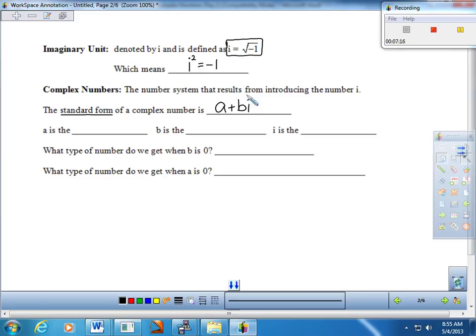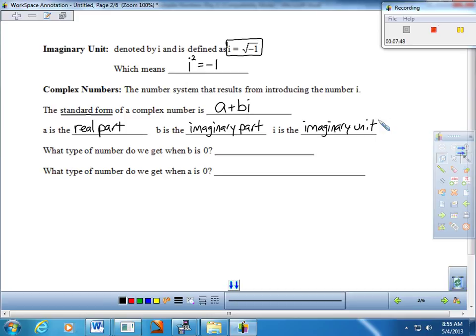But for right now, a + bi is what we're going to work on. And that complex number is really made up of, as you can see, two parts. So a represents officially the real part. b is considered the imaginary part. And i, of course, is the imaginary unit. All right.